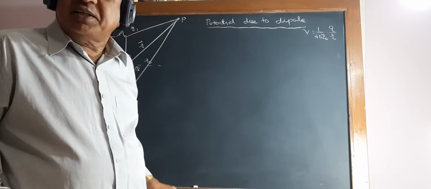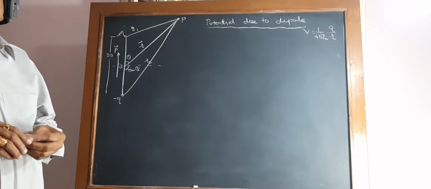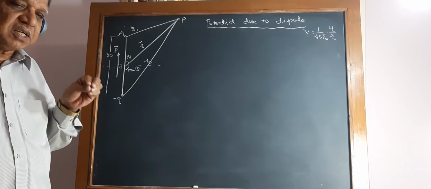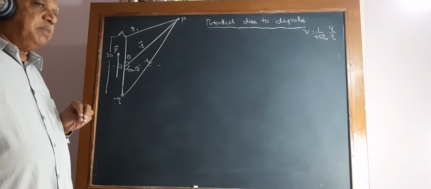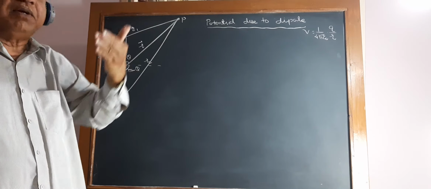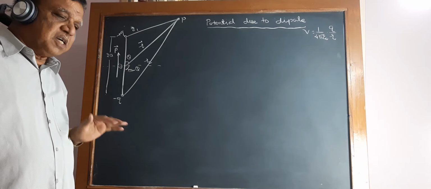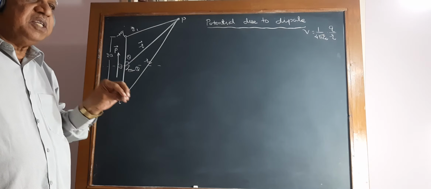Again remember, what is the potential? Potential means work required to be done in bringing a unit test charge from infinity to a given point against the electric field is known as potential at that point.